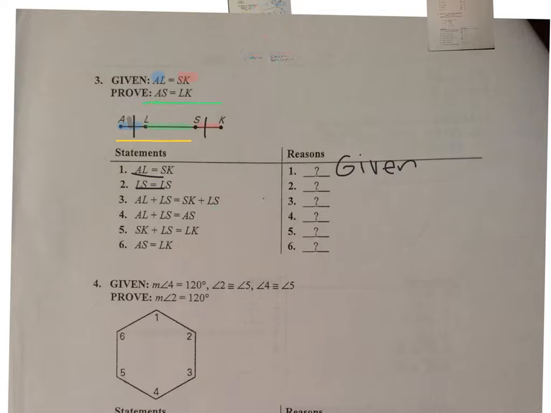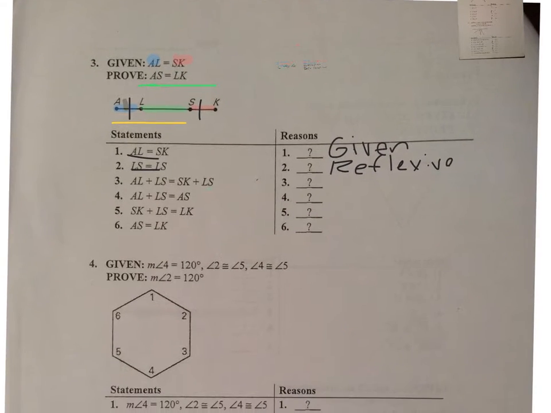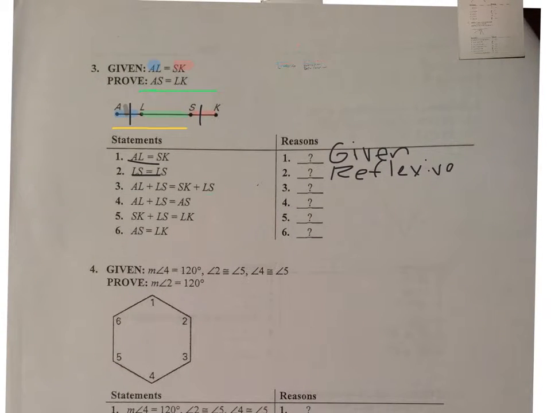So we can go ahead and write down reflexive. But this is going along the exact same logic that we were thinking through before we even started the proof. If I've got two small pieces that are the same length, and I add the same big piece to both of the small ones, of course it's going to end up being equal. But if we're doing this proof, we want to say that is the reflexive property. Something is equal to itself.